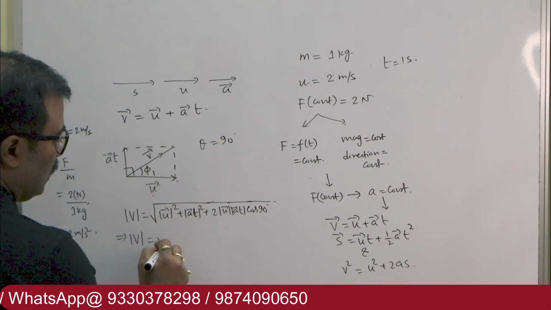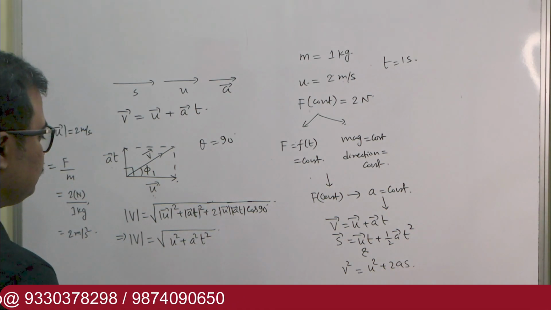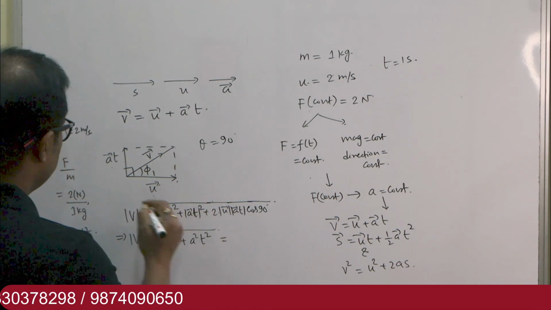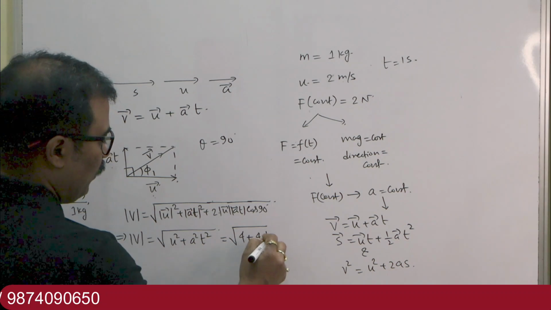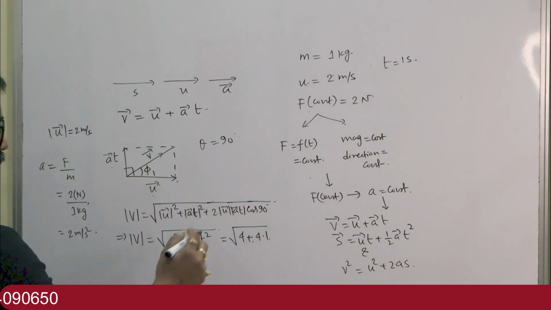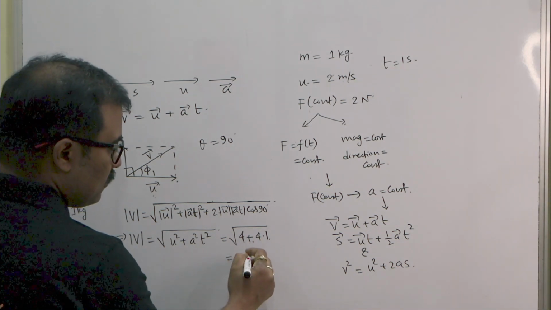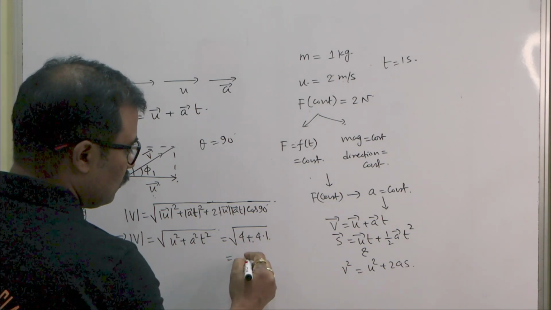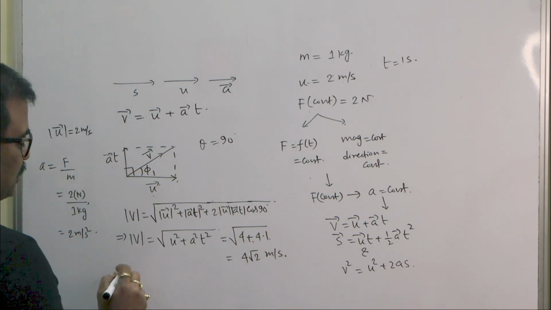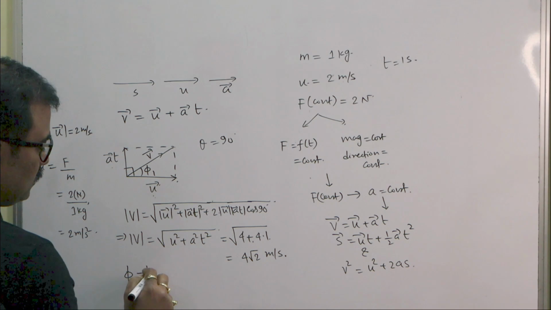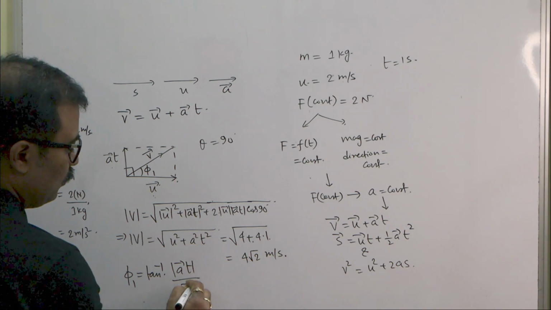So v equals the square root of u square plus a square t square, right? Because cos 90 is 0, it becomes 4 plus 4 into 1, because t is 1 second, so it is root 8. And its direction phi is tan inverse of mod at divided by mod u.